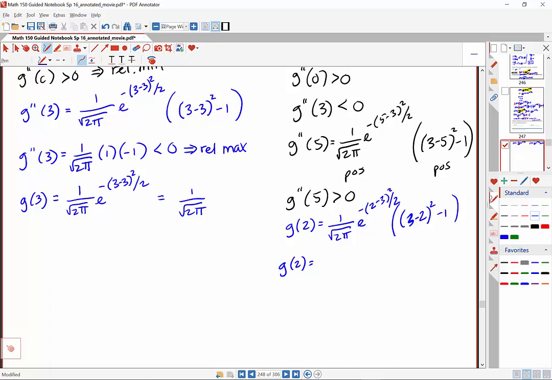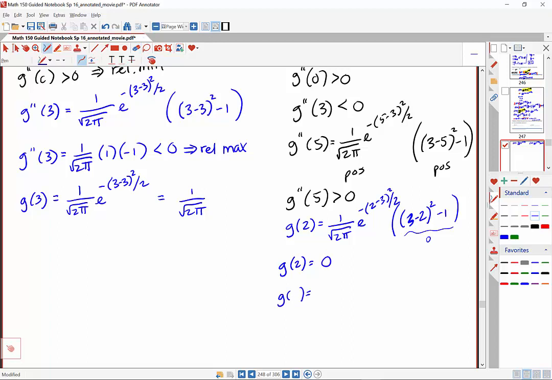So that would be, all of this would be what? 0, right? 1 minus 1 is 0, which would make everything 0. So G at 2 is 0. G at 5 is going to be, no, we need 4, I'm sorry.